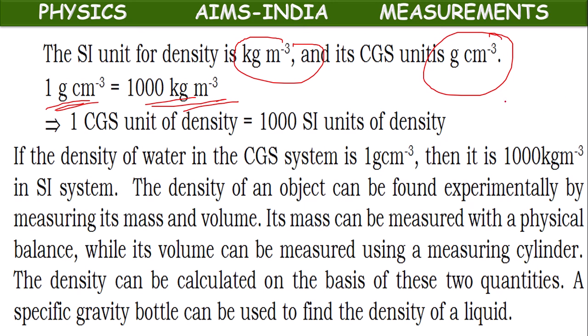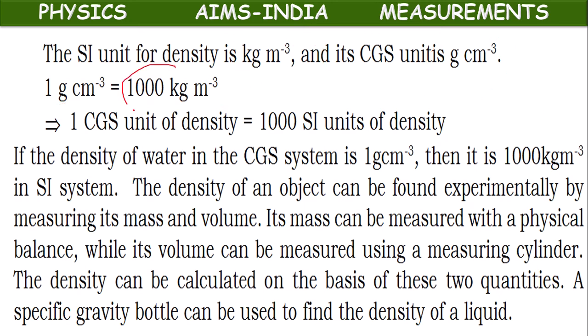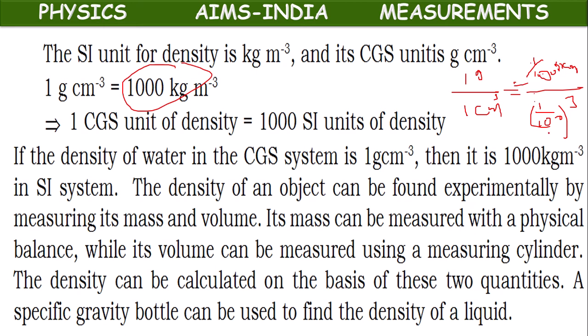How have we got this value? 1 gram per 1 centimeter cube. 1 gram is 1 by 1000 kg. 1 centimeter equals 1 by 100 meter, whole cube, which becomes 1 by 10 power 6.